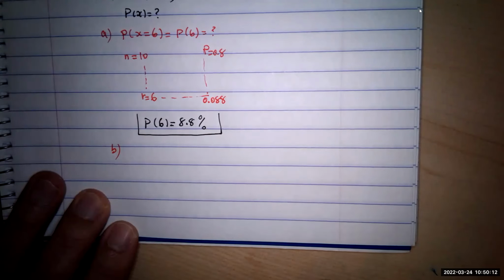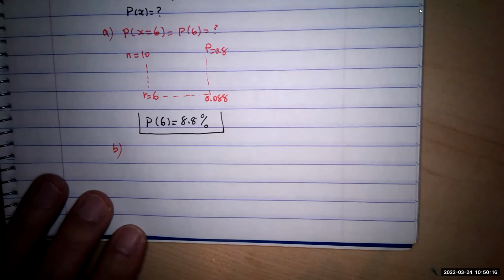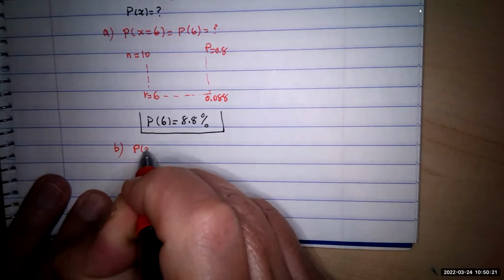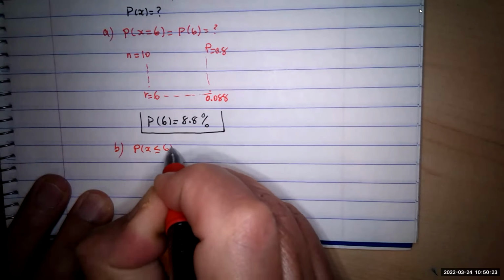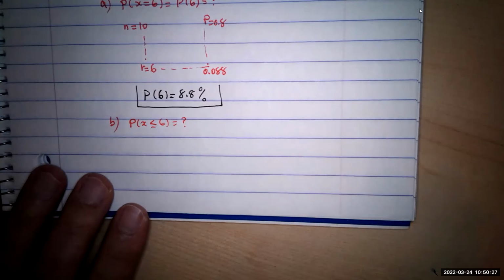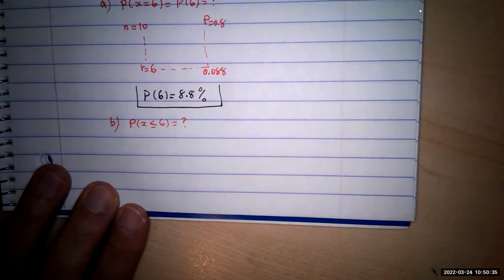The second part, they ask for the probability of at most 6. At most 6, so the probability that X is less than or equal to 6. Less than or equal to 6 means 0 up, 0, 1, 2, 3, from 0 to 6, or from 6 to 0, whichever you prefer.